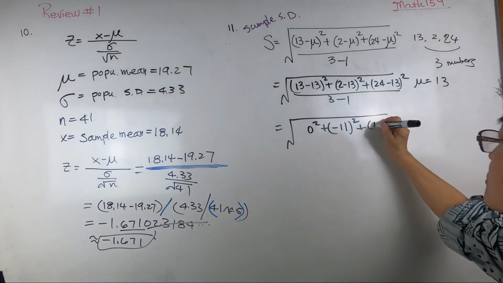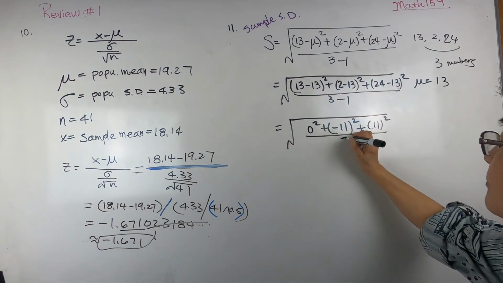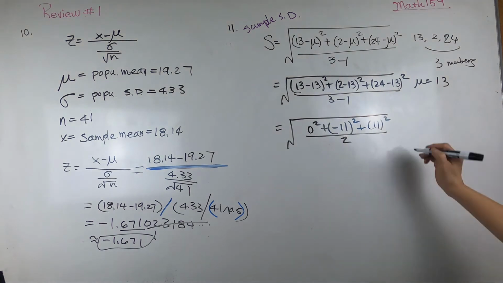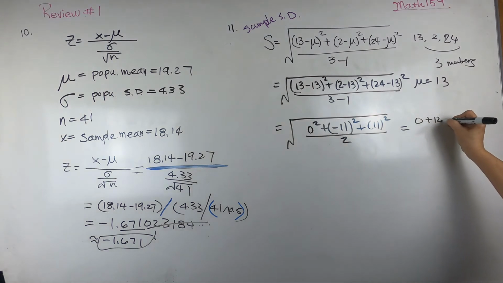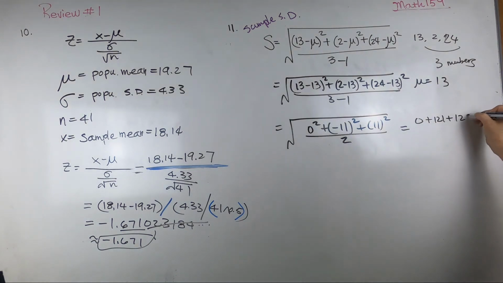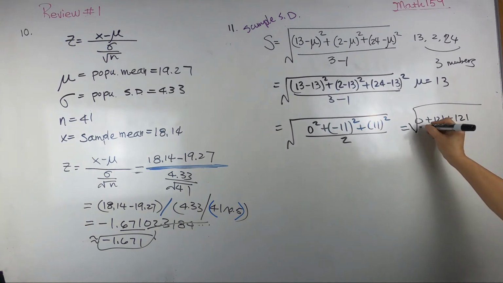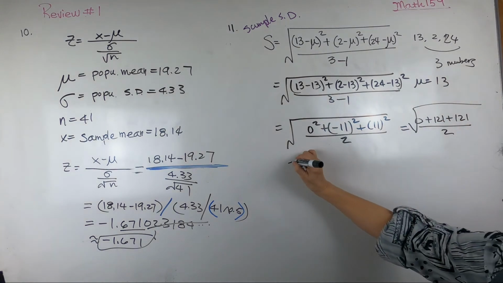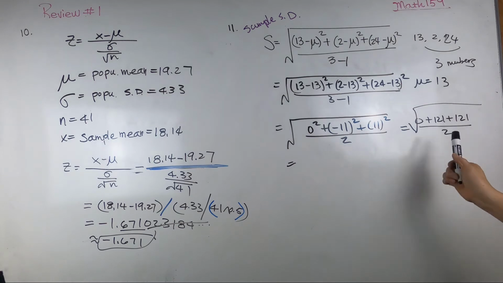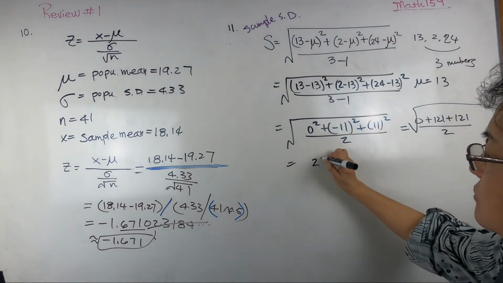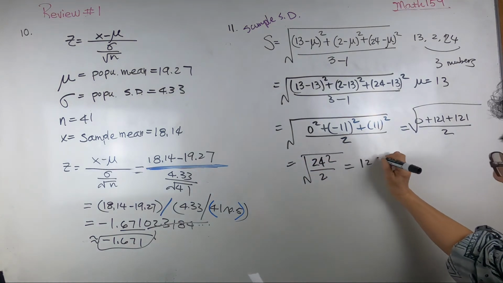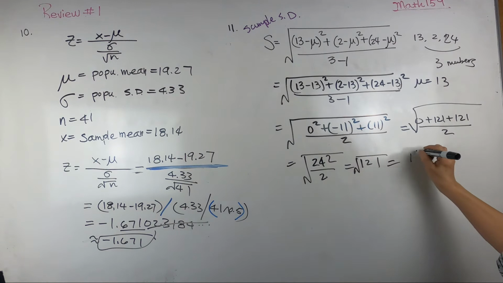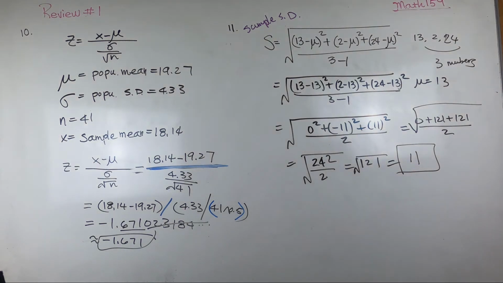Here is 11 squared over 2. 11 squared is 121. So 0 plus 121 plus 121, divided by 2. That's 242 divided by 2, so it's 121. Then you take the square root, which is 11.